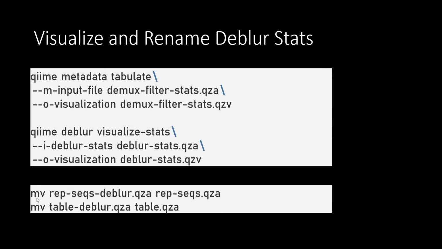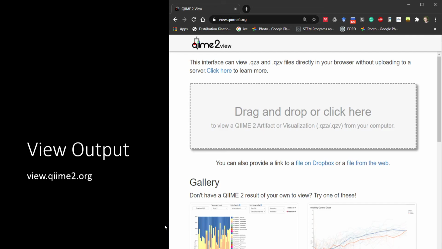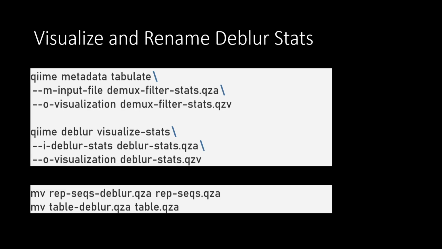So we're going to say move representative sequences deblur.qza, and by not having a path or anything here and just saying rep-seqs.qza, we're saying don't move it anywhere, put it in the same exact directory that you found it from, but give it a new name. And so it does that for both of them. And so why don't we go ahead and look at those visualizations. So demux filter stats and Deblur stats.